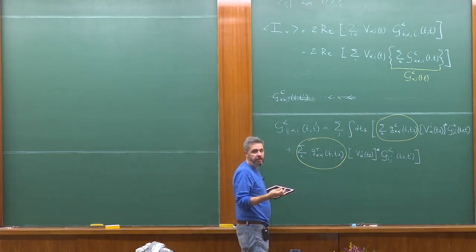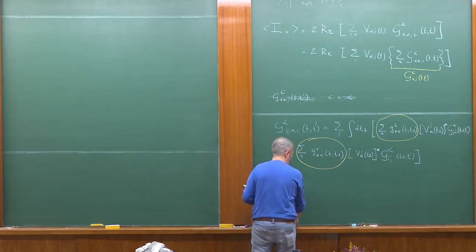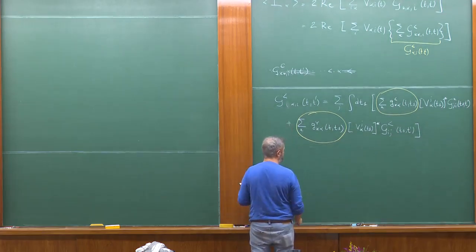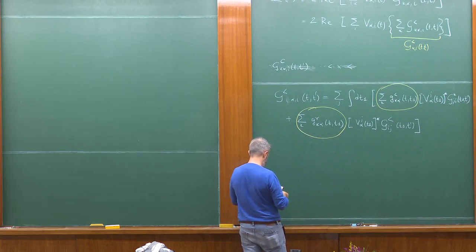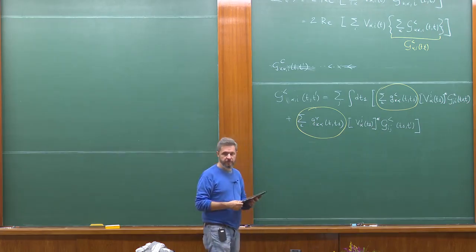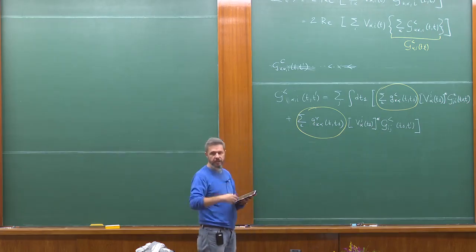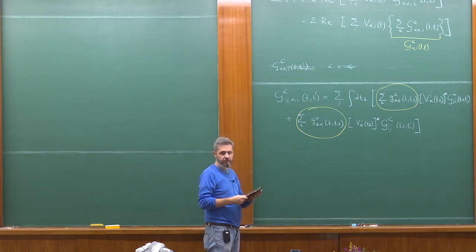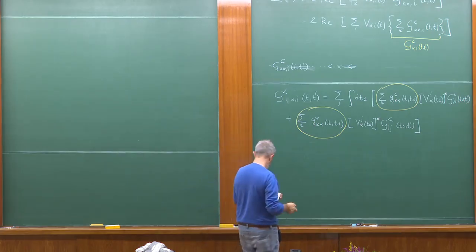And this is something easy to compute in principle. Let us start with G lesser. Alpha is still left or right. Yes, absolutely. And i and j are the indices of the levels in the quantum dot.